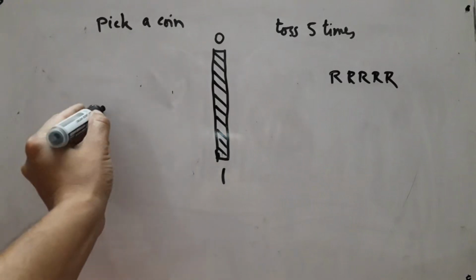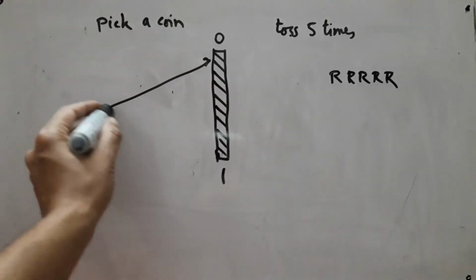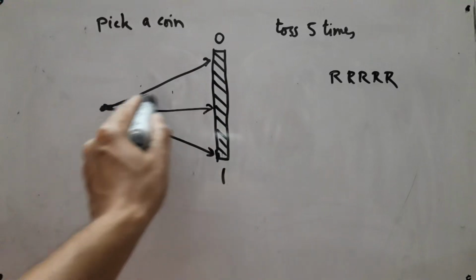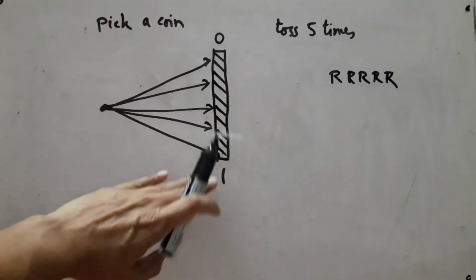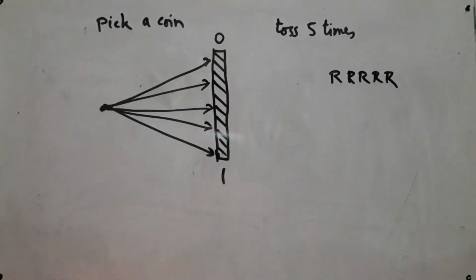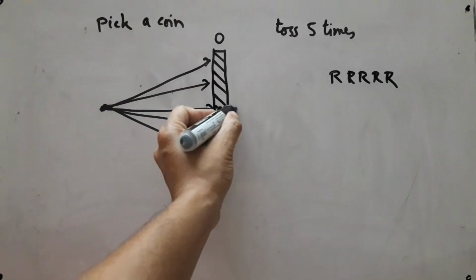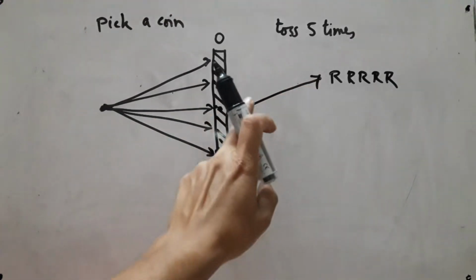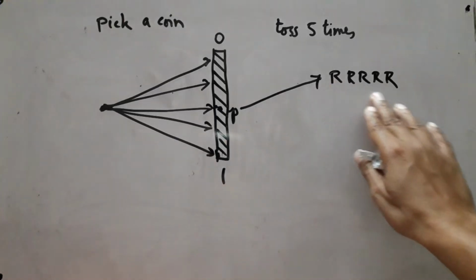You can have one arrow going to this, 0 probability, another arrow going to this, 1 probability, another arrow coming half. So there are uncountably infinitely many arrows. It's like a spray of arrows. Now whatever is the value here, suppose I take one value which I call P, then there is a chance that that particular coin, when tossed 5 times, produces only heads.